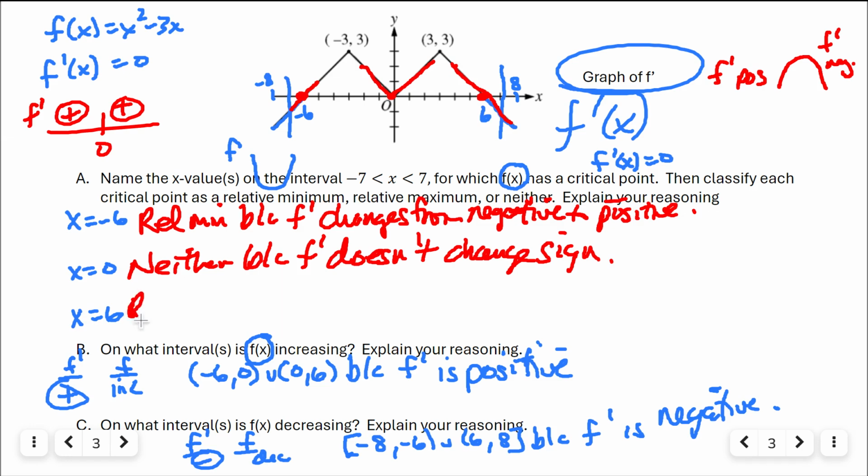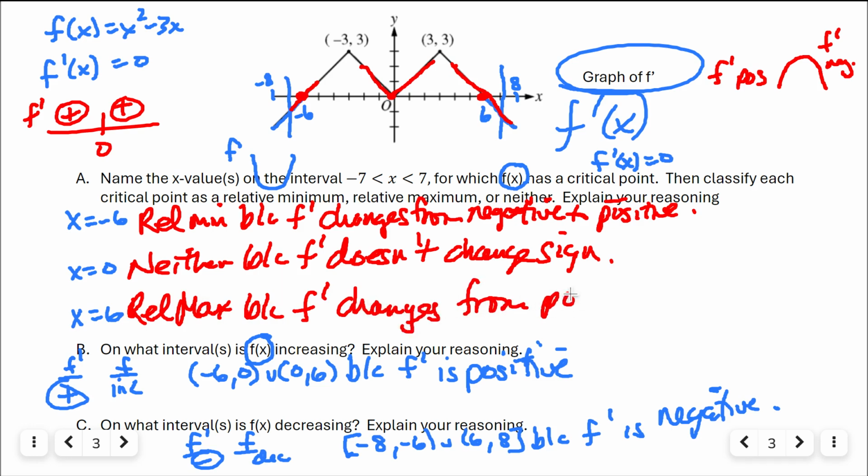So there's a relative max here. Why? Because f prime changes from positive to negative. And that's my answer. Okay, that's all the justification you need. That's everything. All right. Okay, let's keep going.